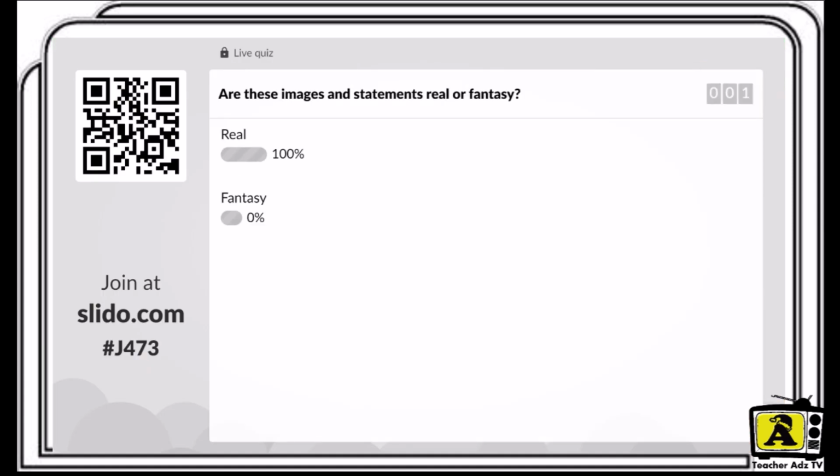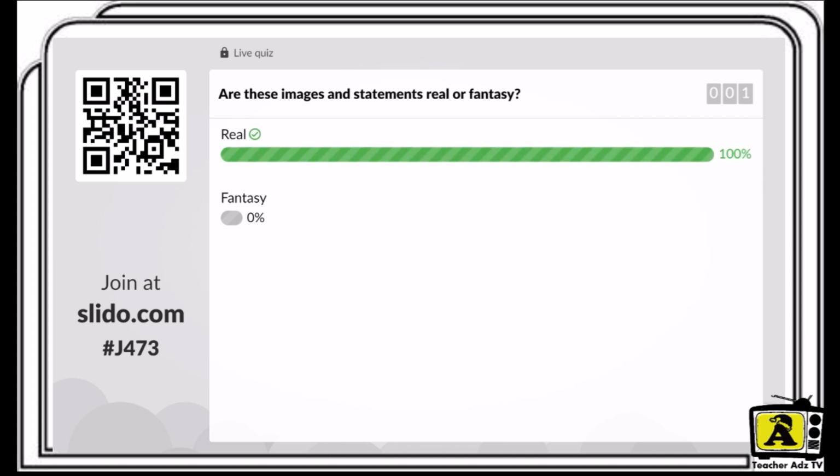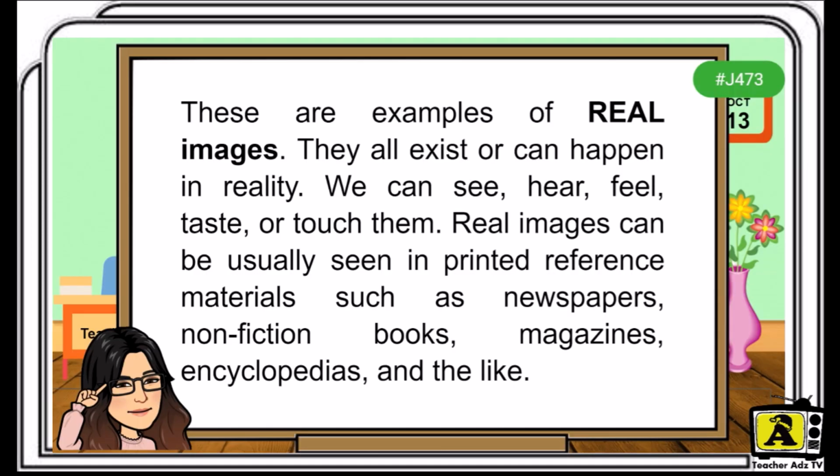Okay, if your answer is real, let us see if it is correct. You are right. These are examples of real images. They all exist or can happen in reality. We can see, hear, feel, taste, or touch them. Real images can usually be seen in printed reference materials such as newspapers, nonfiction books, magazines, encyclopedias, and the like.